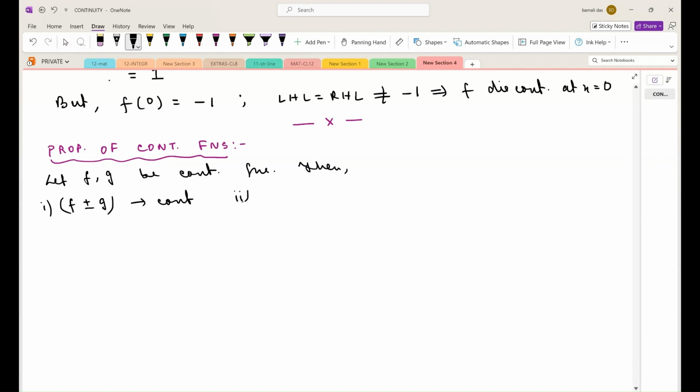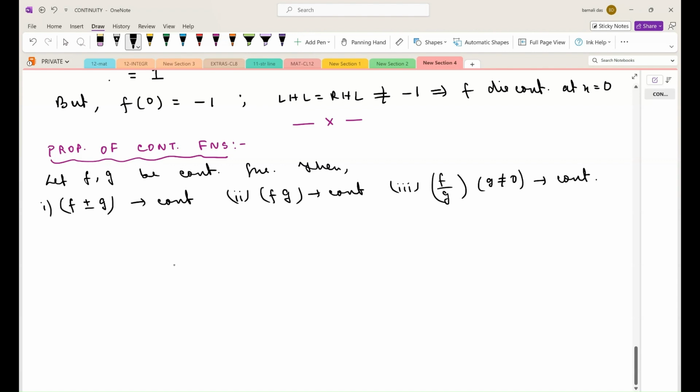Number two, f into g will be continuous. Number three, f divided by g, provided g not equal to 0, will also be continuous.